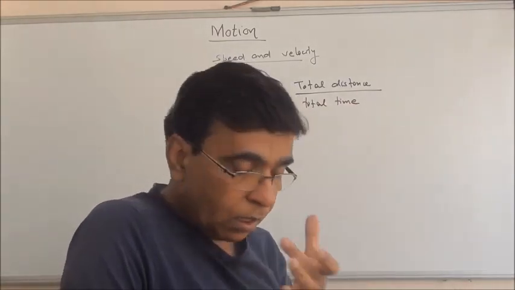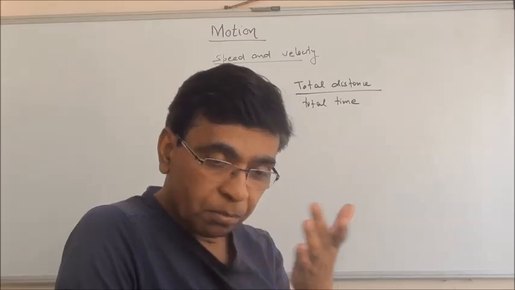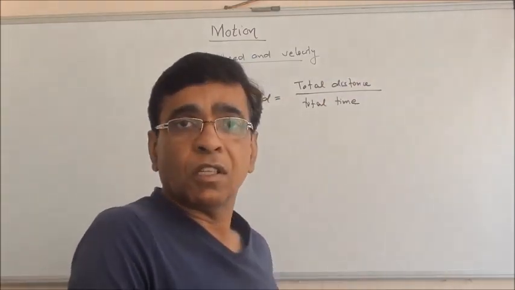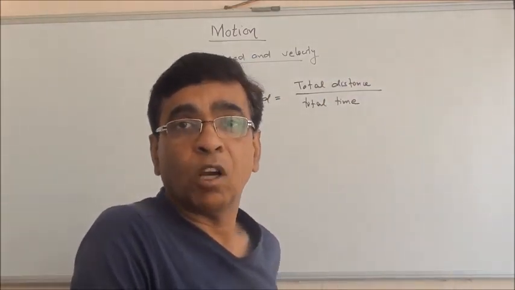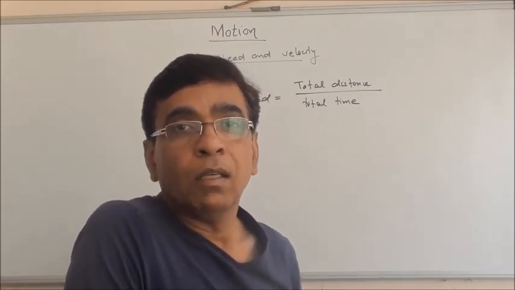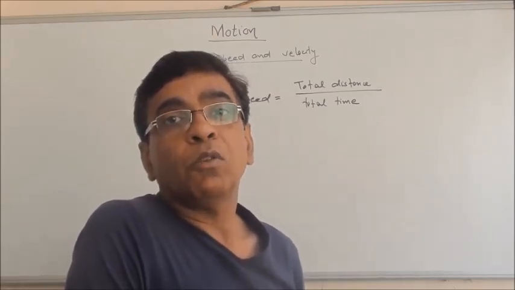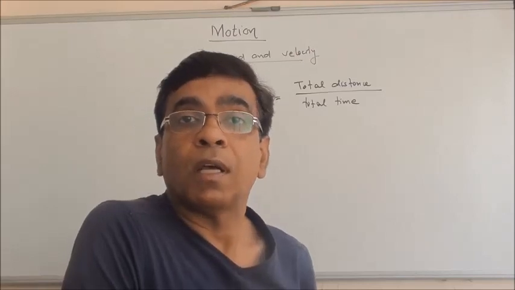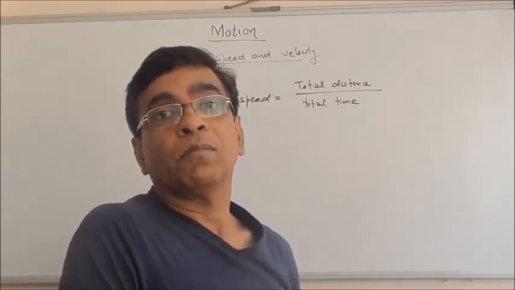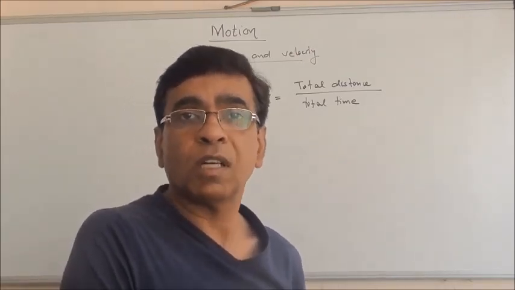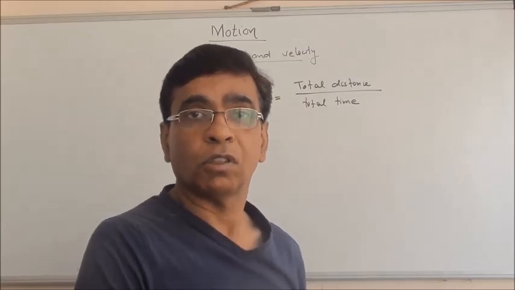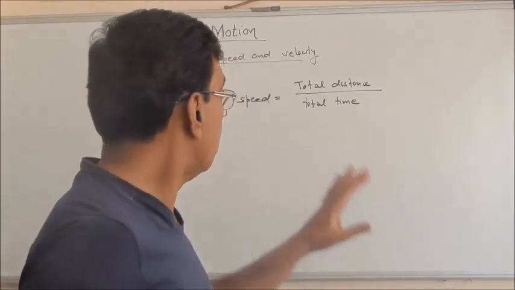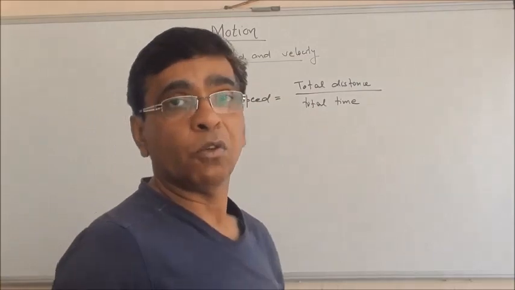Now, another thing. This speed simply is the rate of change of distance, how the distance is changing with time, how fast you are moving. Suppose we also want to know in what direction you are moving. You are moving towards right or left, towards north or south, then this quantity is not sufficient.